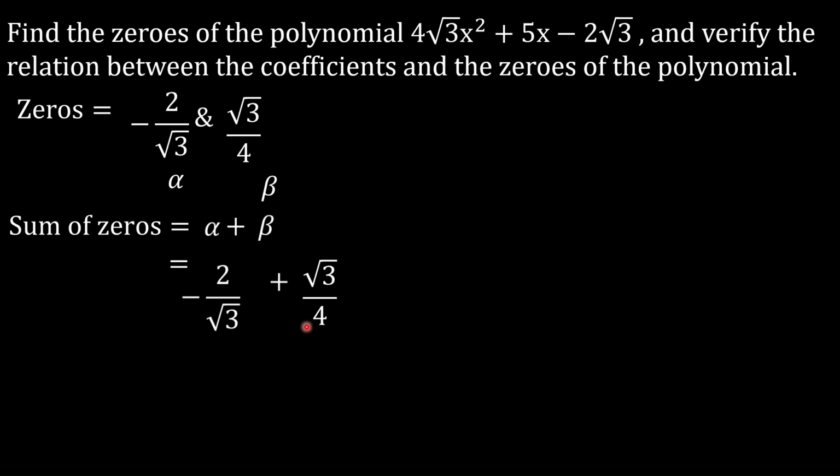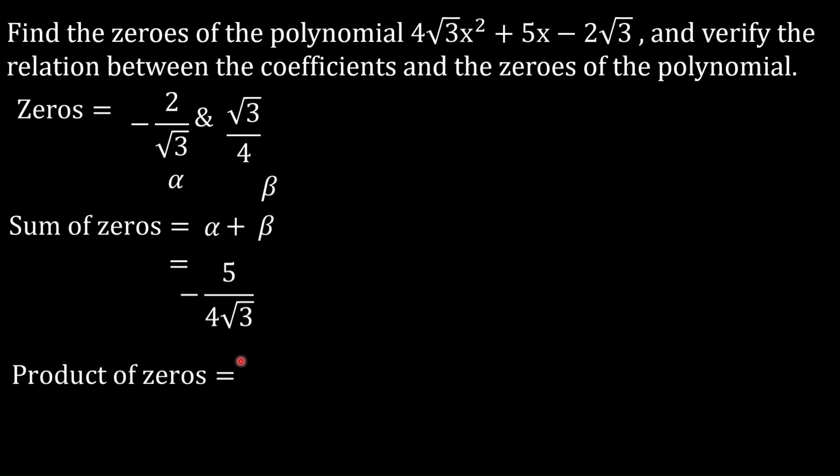So we take the LCM as 4 into root 3. Now we do cross multiplication in the numerator. That is 4 into minus 2 gives minus 8 and root 3 into root 3 gives 3. So the numerator becomes minus 8 plus 3, which is minus 5. Therefore, the sum of zeros equals minus 5 by 4 root 3.